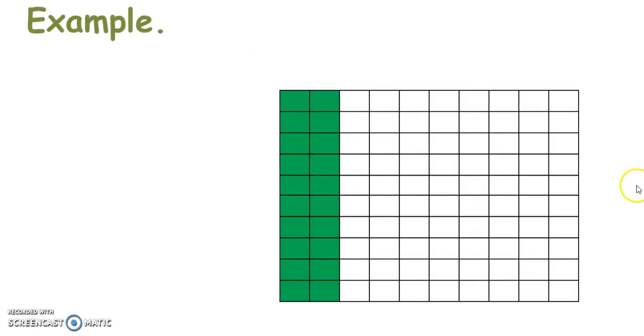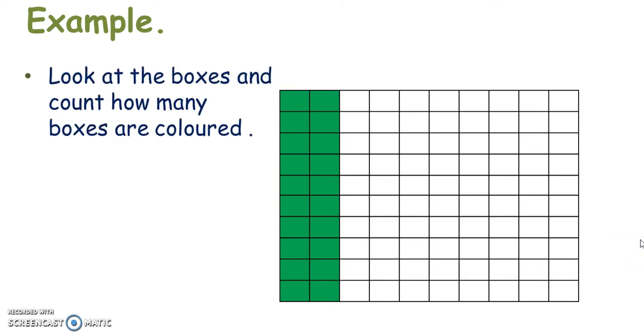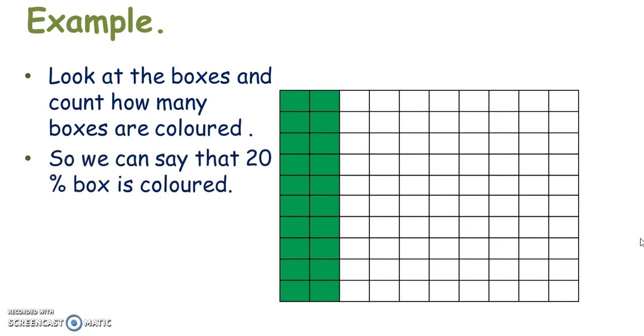Another example, there are 100 boxes in one box. Look at the box and count how many boxes are colored. So you can count it. There are 20 boxes that are colored. So we can say that 20% of the box is colored.